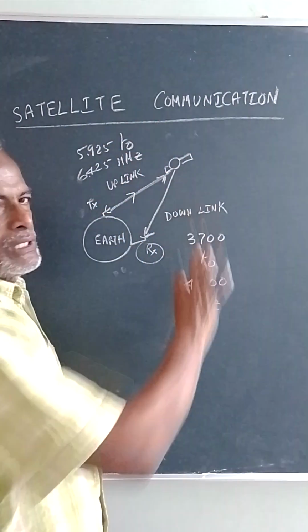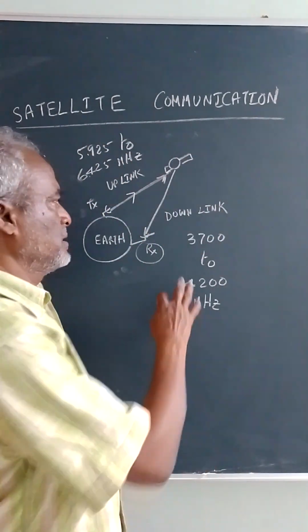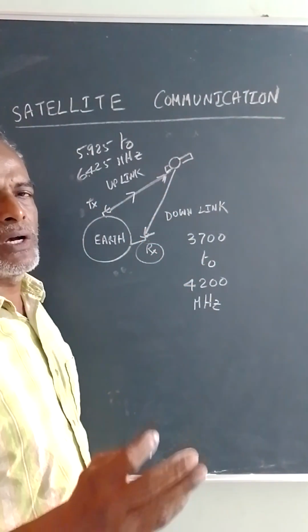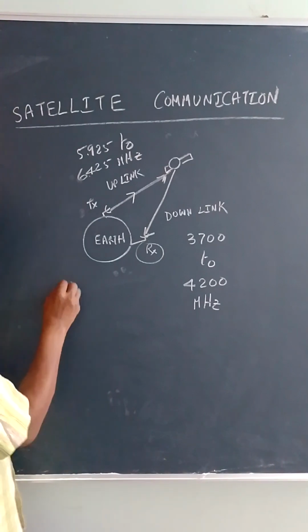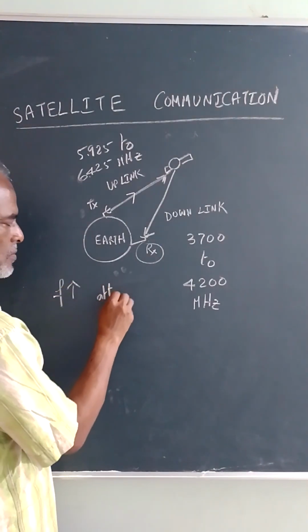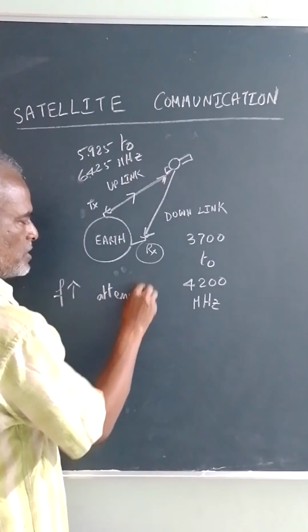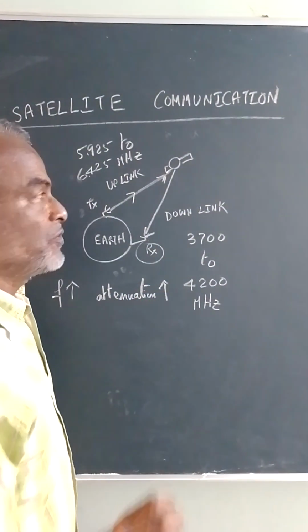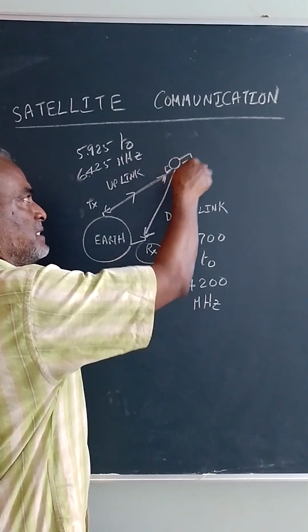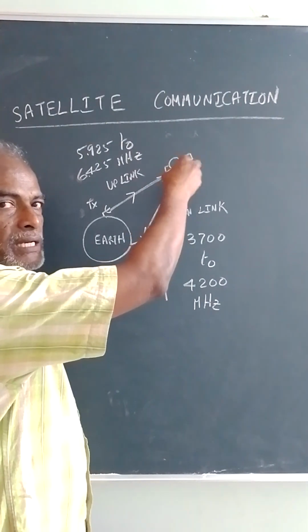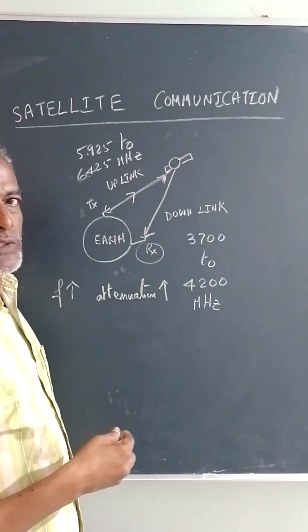Why is the uplink frequency always higher than the downlink frequency? Just because when frequency increases, attenuation also increases. Therefore, this system has to receive the signal, process the signal, and once again retransmit.